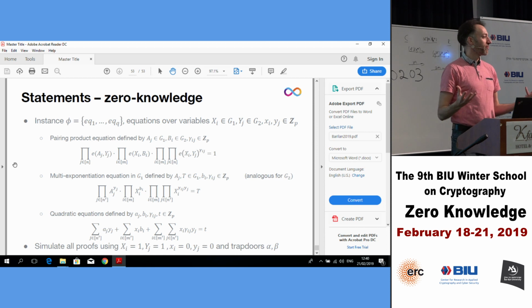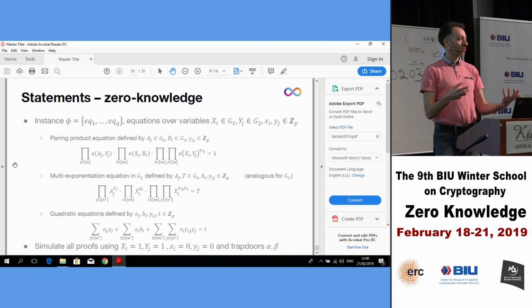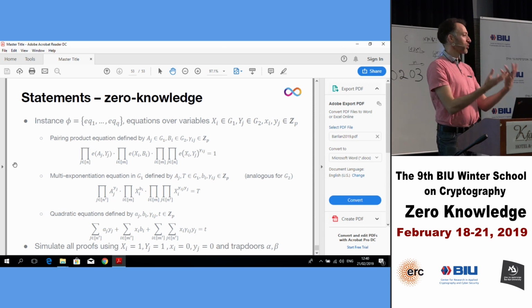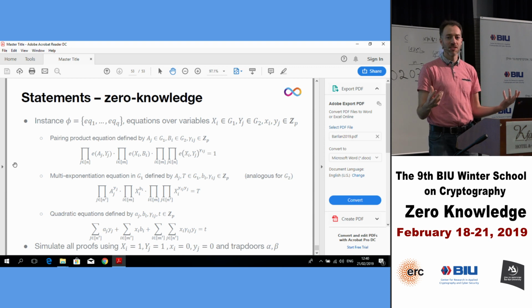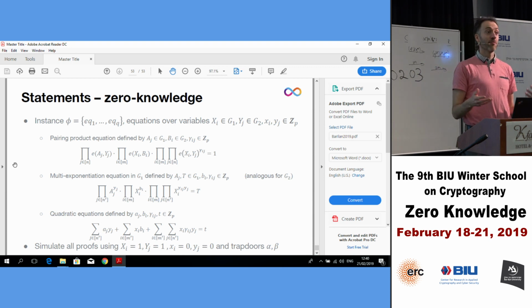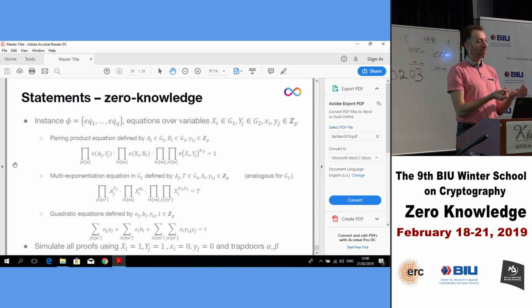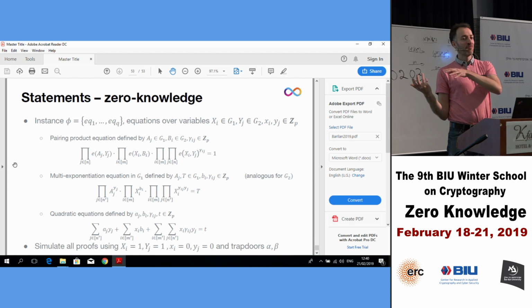So you can build structure-preserving signatures where the signatures and the messages are all group elements. You can have structure-preserving encryption, where the public keys and the ciphertexts are group elements. Linear encryption is one example of that. Okay? And when you build these structure-preserving protocols, they really match very nicely this proof framework, right?